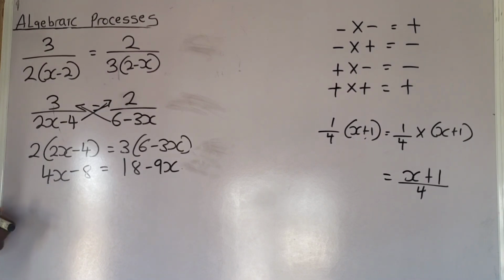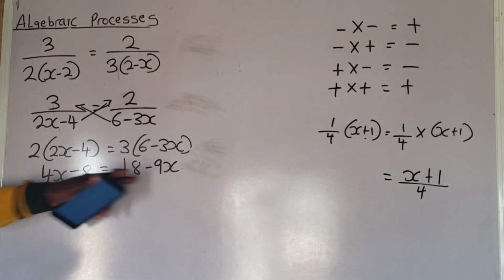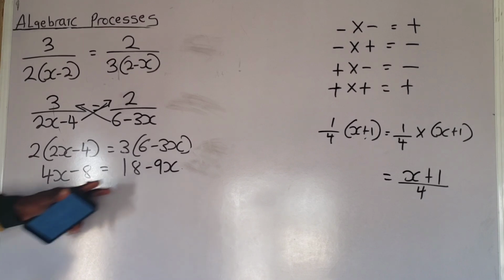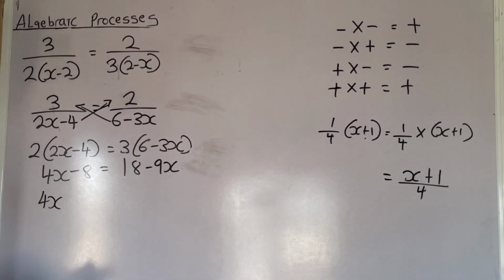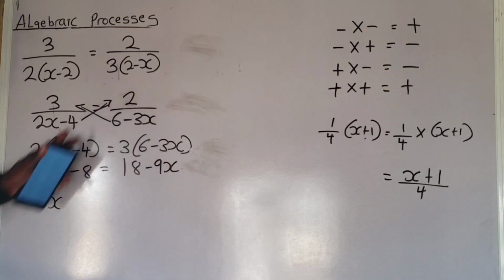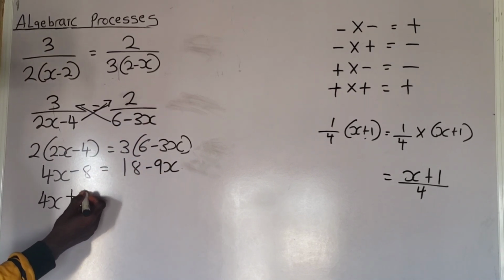Now, the next step here is to collect like terms. I have 4x here, I have negative 9x here. Since they both have x, I'm going to add them together. If this negative 9x crosses the equals to sign to the left hand side of the equation, it's going to become positive 9x.